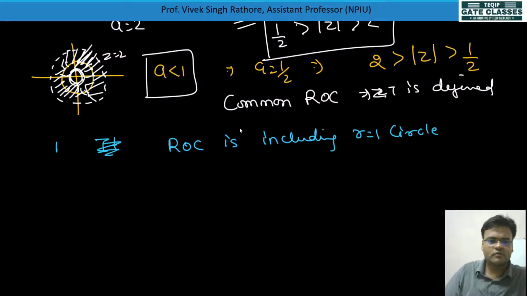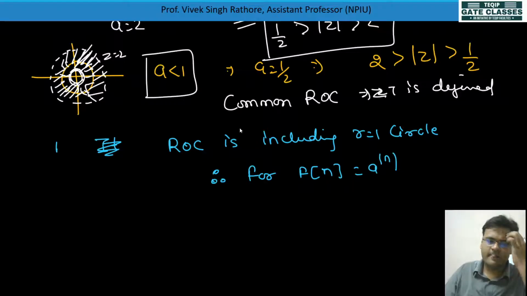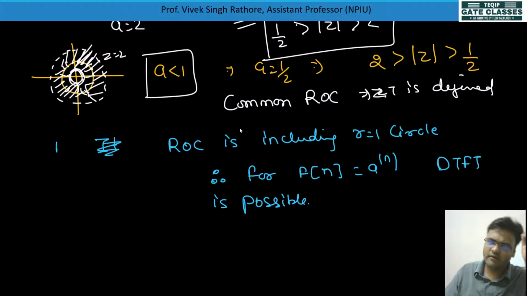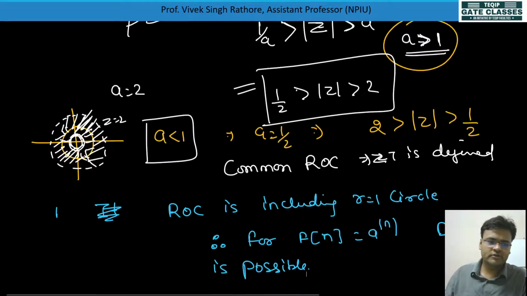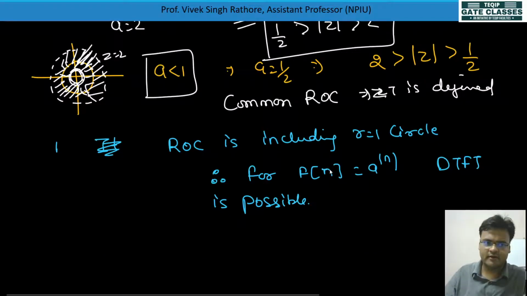Therefore for f of n is equal to a to the power n, the DTFT is possible. Or you can say that a to the power n is stable, absolutely integrable for a less than 1.